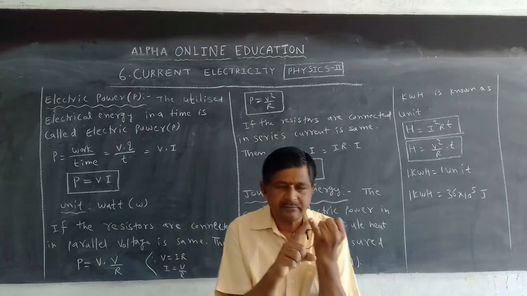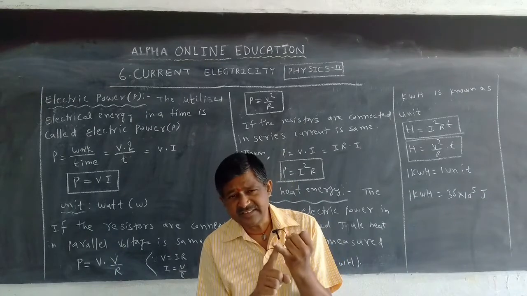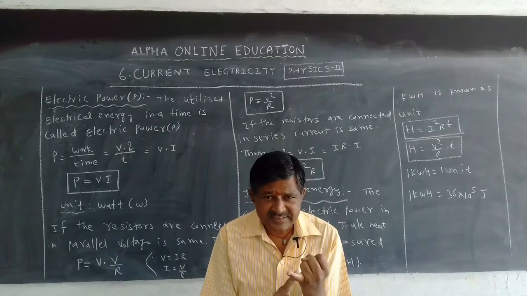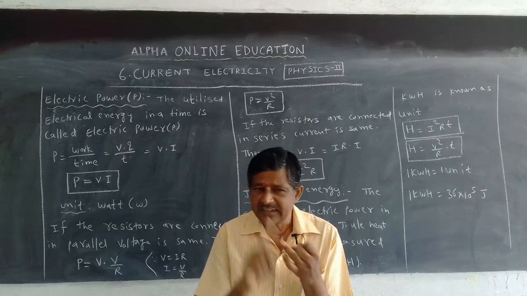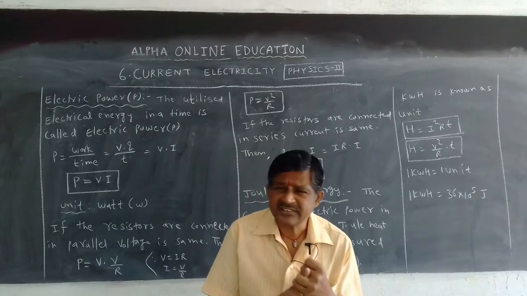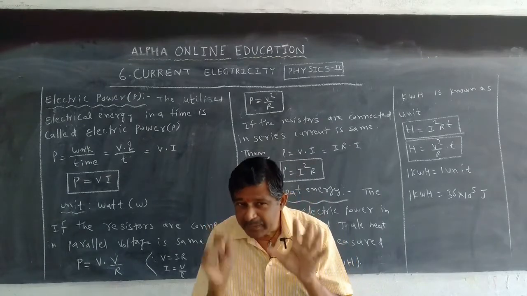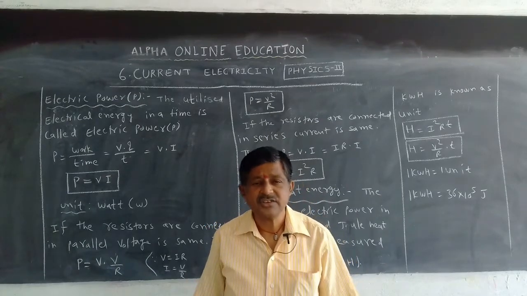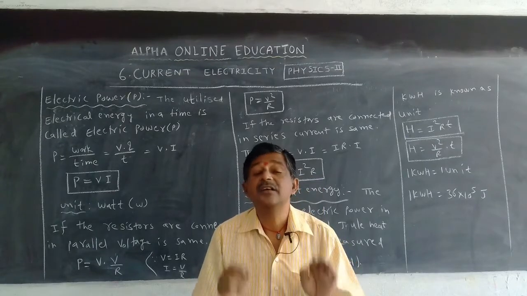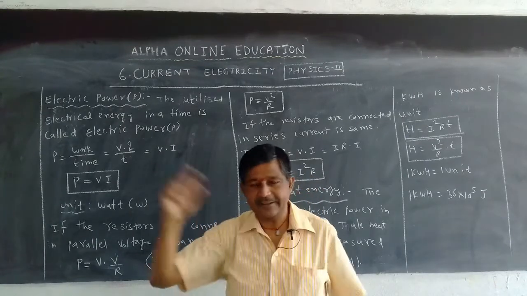You take a fan, it has resistance or not? Yes. Tube light, it also has resistance. Bulb has resistance. Grinder, resistance exists. Refrigerator, resistance exists. All are connected in parallel. Why? In parallel the voltage is the same, even though the resistors are different.